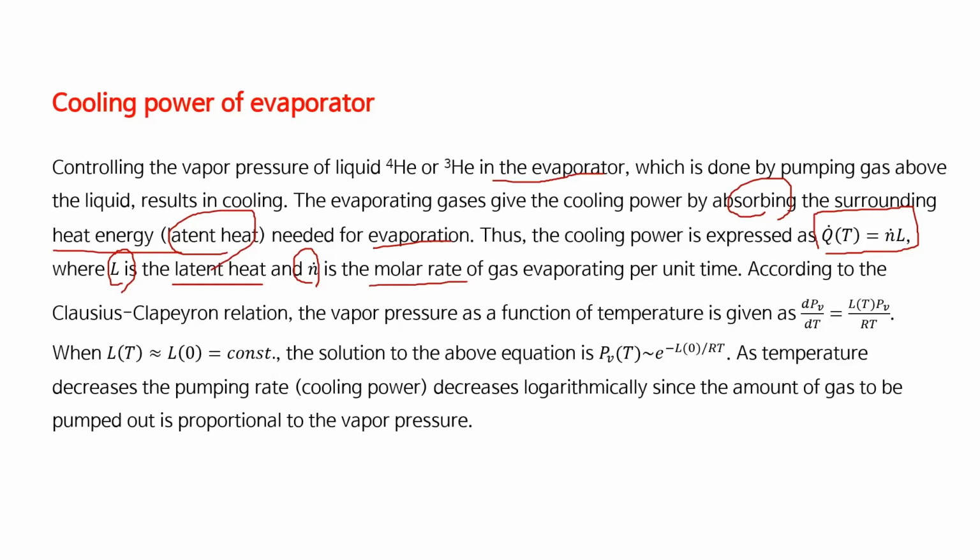According to the Clausius-Clapeyron relation, the vapor pressure as a function of temperature is given as this equation. If we assume L is constant, then the solution to the above equation is given by this relationship.